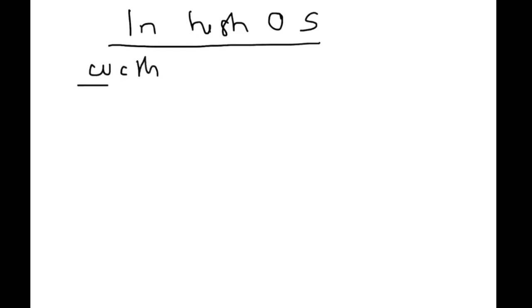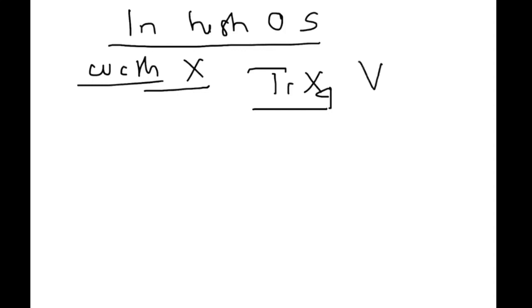In higher oxidation state with halogen, titanium can form TiX4. But vanadium exists only as VF5 and chromium exists as CrF6.